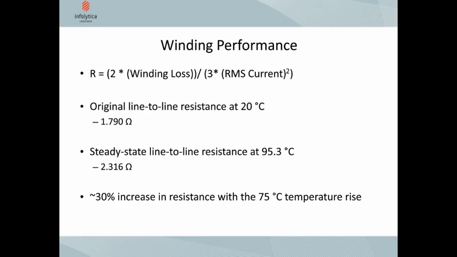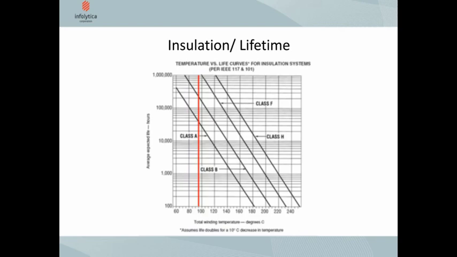So now what do we do with that temperature? Well, we're going to see how we would scrutinize the insulation lifetime. This might include your slot liner, the insulation around the conductors themselves, and any epoxy that you might impregnate as you're creating the machine.